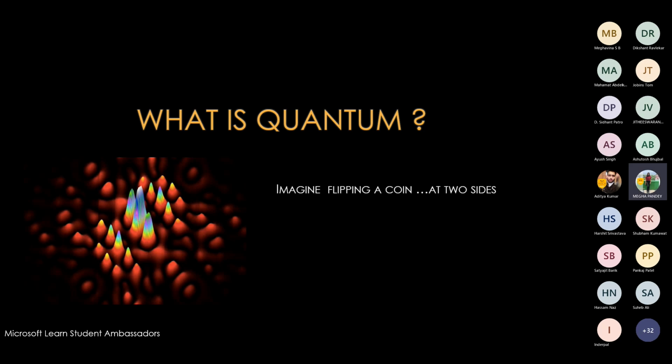So Google has actually told us that we have made a quantum computer. What it can do is solve problems in just milliseconds. There are a lot of principles that quantum computing follows.